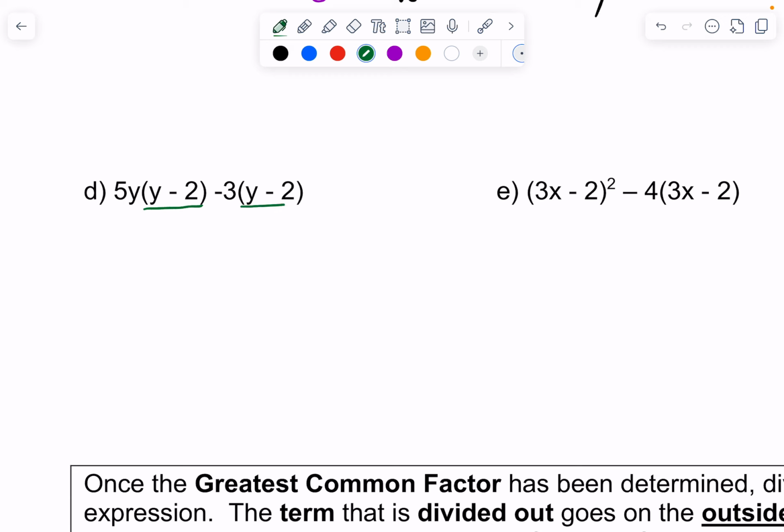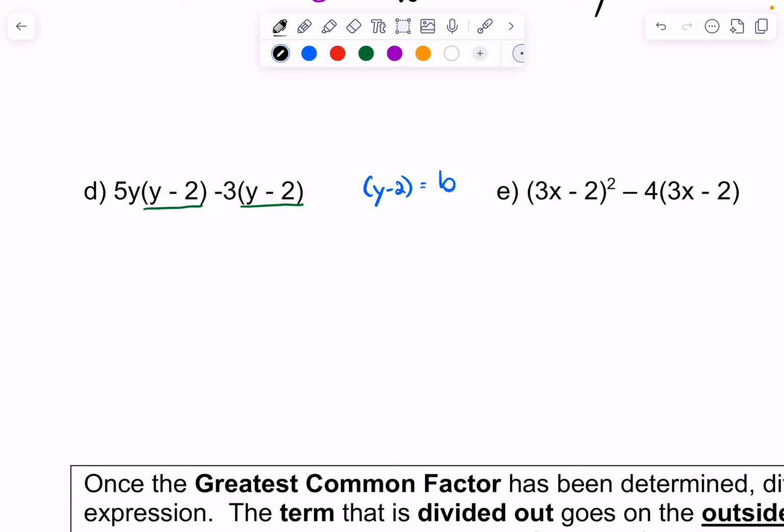Just so you can visualize it, because that common bracket is in both things, imagine I said that y minus 2 bracket, I'm going to call that something, a variable we don't use often, like b.